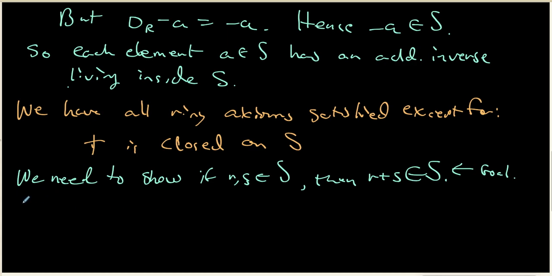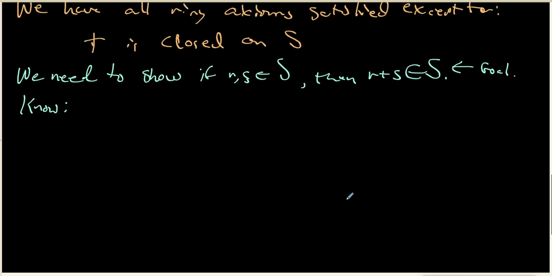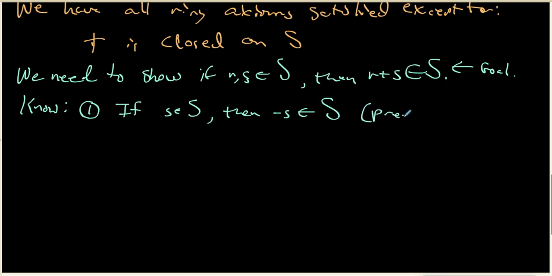Now I also want to list the things that we already know about how things behave inside set S. Well, the first thing we know is that if S lives inside capital S, then minus S also lives inside capital S. That's the previous part of this proof. We just got done showing that.